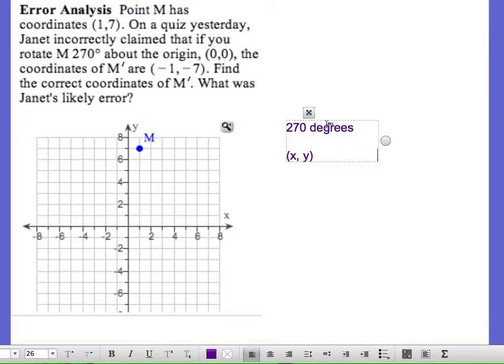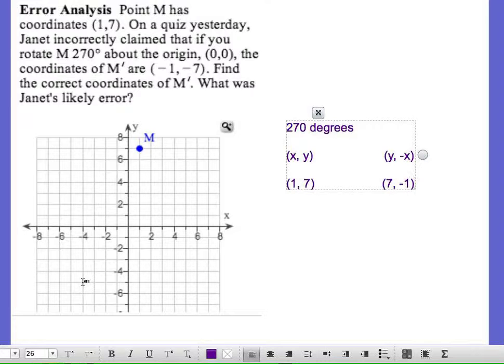Again, we start with X and Y. Remember, they switch, and X is going to change its sign. So, if the coordinates were 1, 7, that means the new one should be at 7, negative 1.